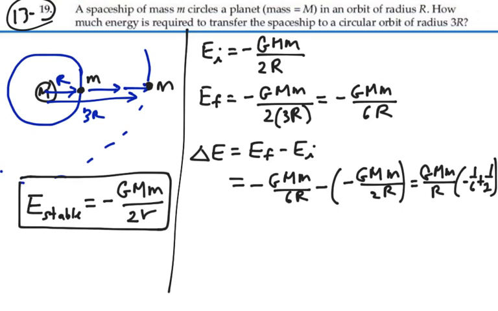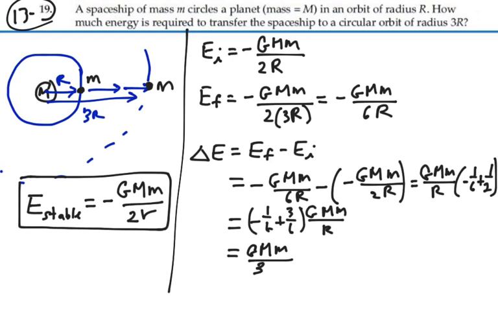That's going to be negative 1/6 plus 3/6, times G big M little m over r. And so that'll be 2/6, which would be 1/3. So this is going to be equal to G big M little m over 3r.